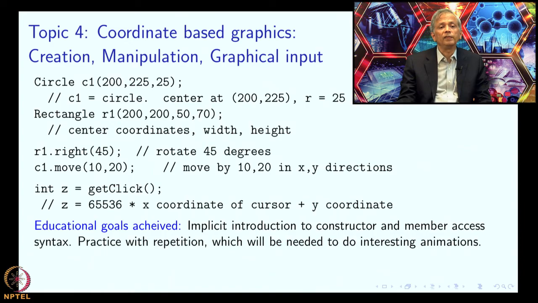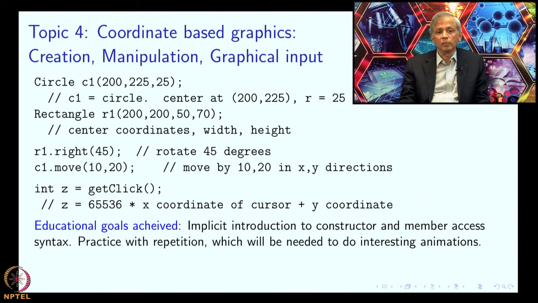If you do this, what have you accomplished? First of all, it will be an implicit introduction to a constructor and member access syntax. Introduction performed reasonably painlessly because students understand these very, very precisely.